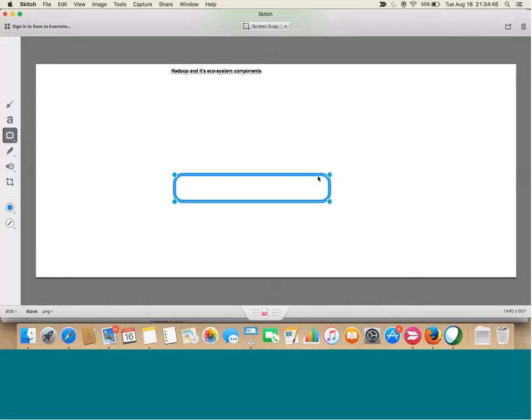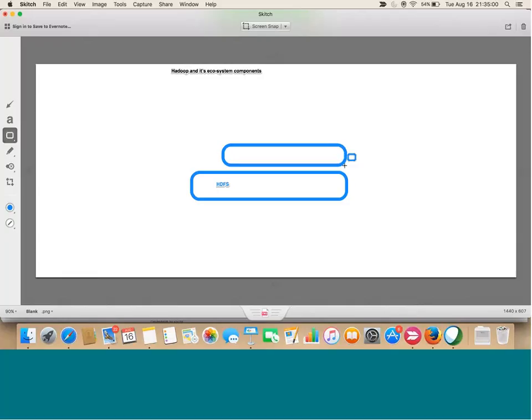My two important components of Hadoop are, this is my HDFS. On top of Hadoop HDFS runs my MapReduce, because you're storing the data and then you're processing the data, right? So your MapReduce is here.